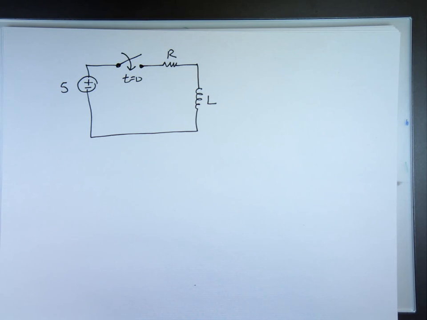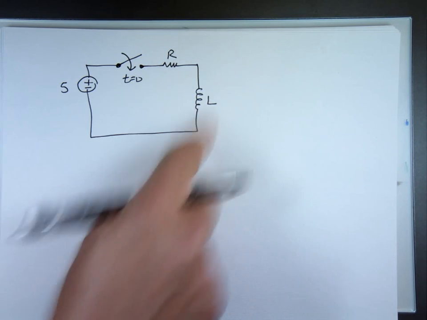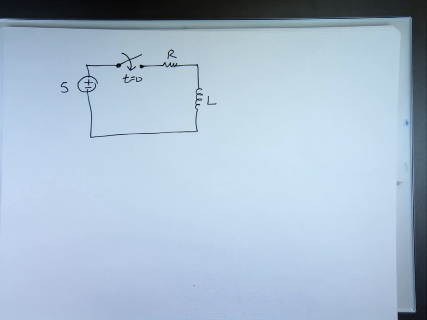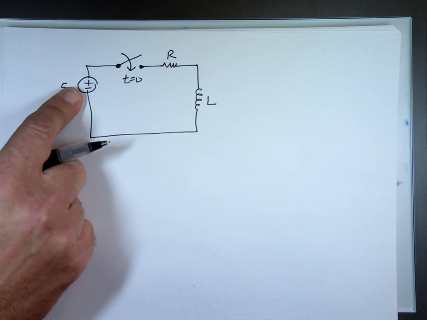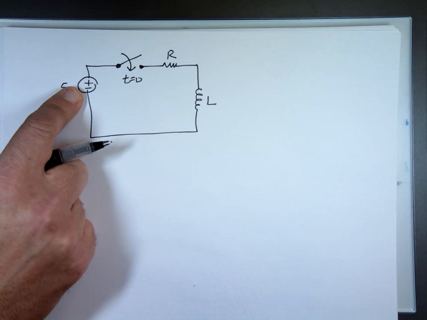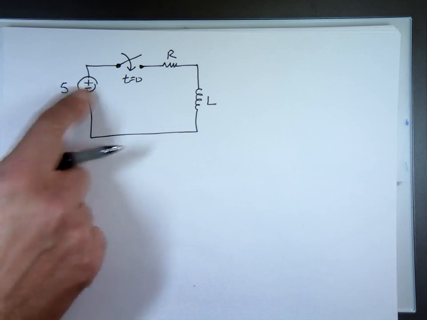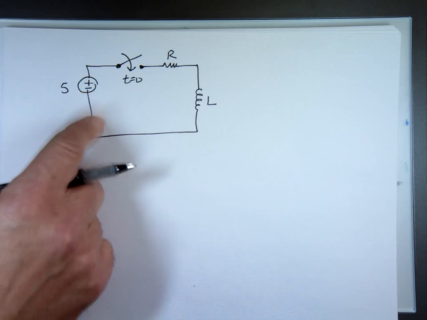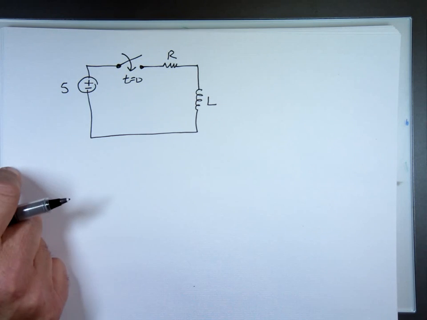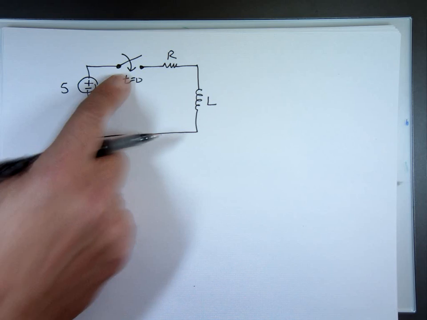So for t less than 0, how much current is going through the circuit? None. What's the effect of this source? None. It's not even being there. And what happens when t equals 0? This becomes what? 5 volts and it's part of the circuit. So for t less than 0, this is not even a factor.